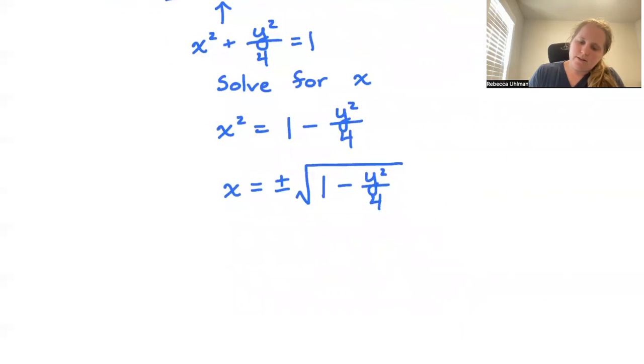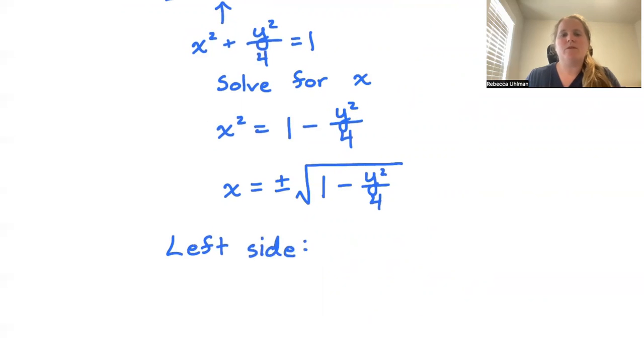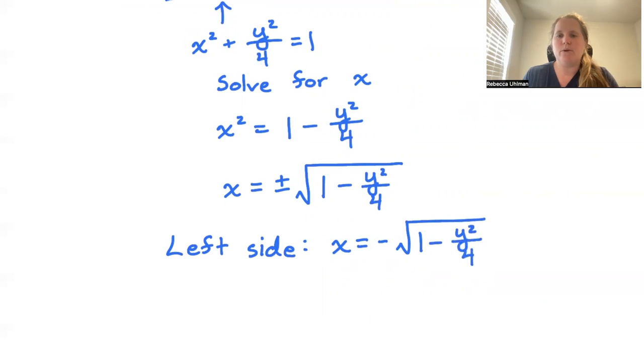So for the left side, we have the negative version. We would have x as negative the square root of 1 minus y squared over 4.